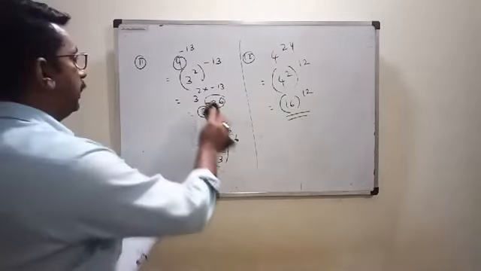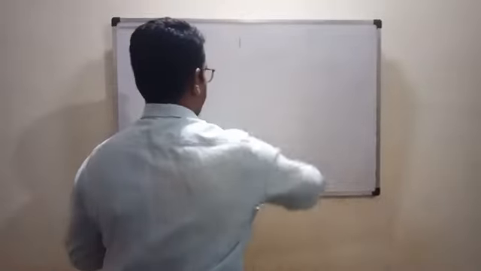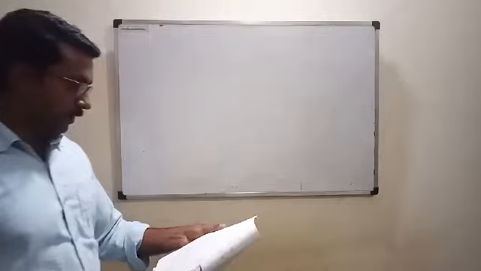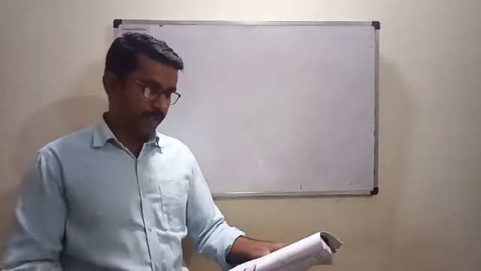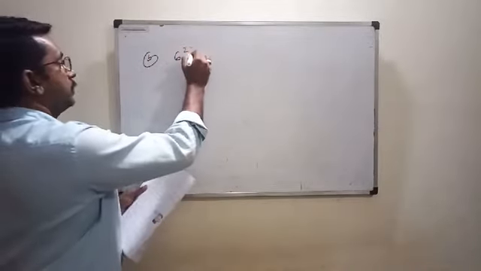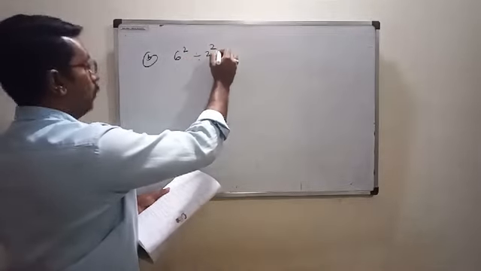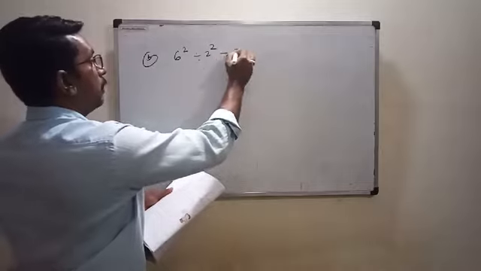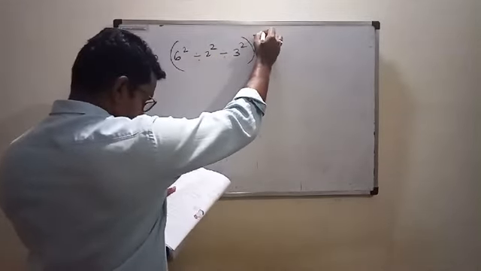Next one, question number 13a. It's a very big answer. You may try at home by yourself and see whether you are getting the answer or not. Okay. Question number b: 6 square divided by 2 square divided by 3 square to the power minus 2.